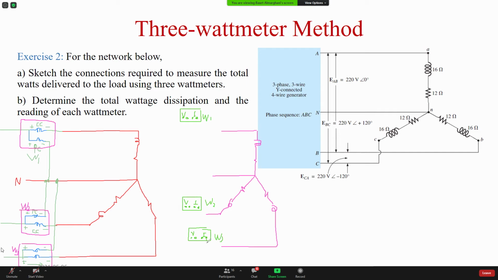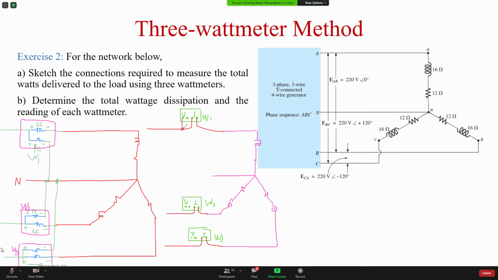So for measuring the current, it will be connected like this. Use different colors for connections. So like this. This one here is going to measure the phase current. And this is going to measure the phase current. The voltage, one is going to be connected here.